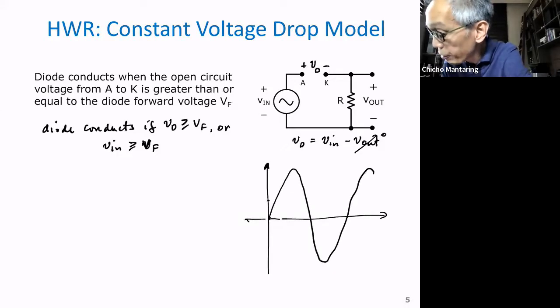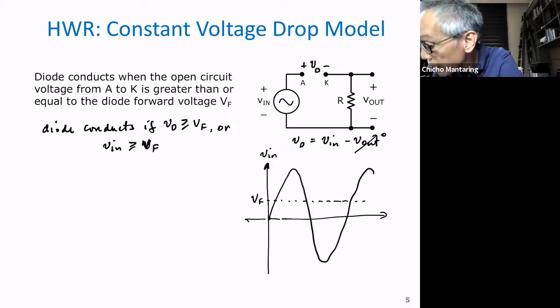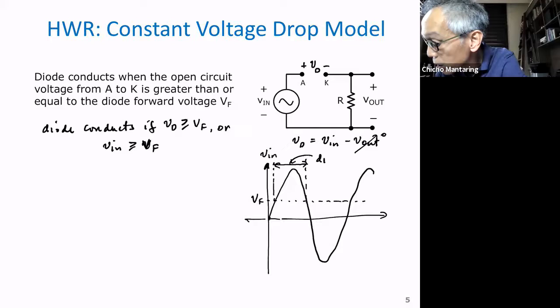Kunwari ito yung V of F. Ito yung V of N. So, kailan nagko-conduct yung diode? Kailan mas malaki yung V of N sa V of F? Dito, sa part na to. Umpisa rito, hanggang dito, mas malaki yung V of N natin sa V of F. Tapos dito uli. So here, this is where the diode conducts.